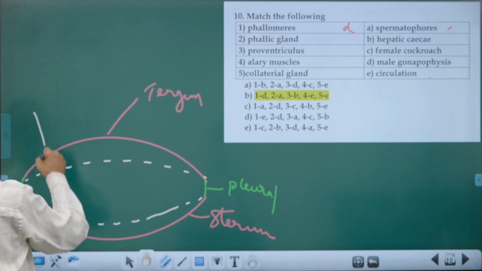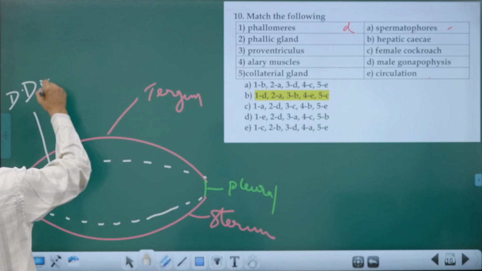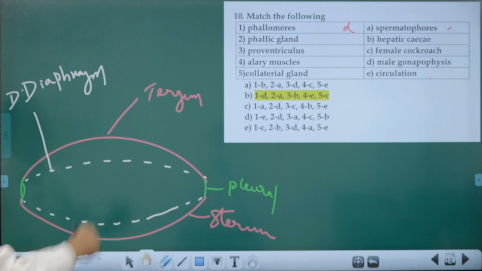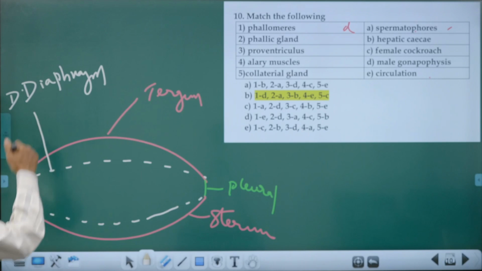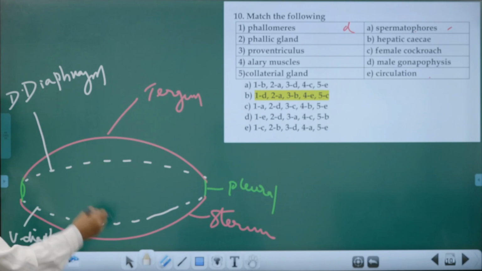The dorsal membrane is called the dorsal diaphragm. You should understand this diagram is not in our books. The ventral one is called the ventral diaphragm. So with the help of these 2 diaphragms, we have 3 chambers which are all filled with blood.